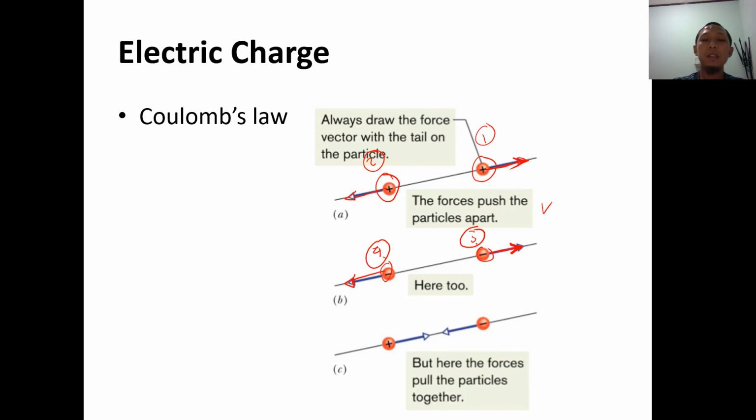And if the charges have different signs, like positive and negative, both charges will attract each other, so we draw the forces like this. We call this particle 5 and this particle 6. This force is because of particle 6, and this is the force because of particle 5.